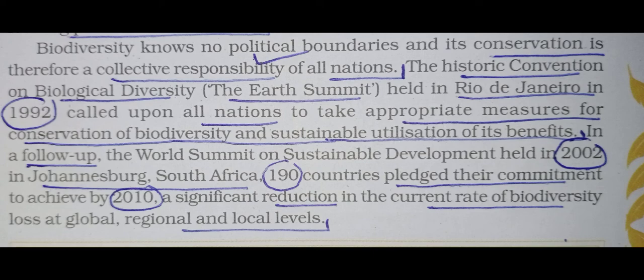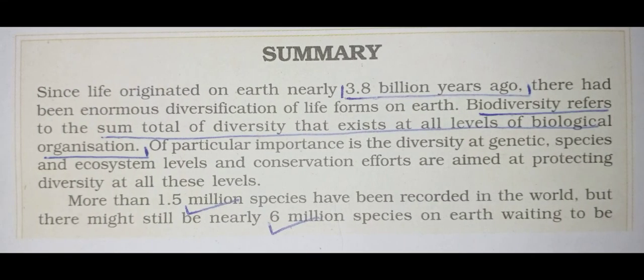So this question of ex situ conservation is completed here, and now you will read the summary of this chapter. See, some important points are underlined in the summary, and the important thing is that these are all one type of MCQ. Okay, now see, 3.8 billion years ago, MCQ. Then biodiversity refers to the sum total of diversity that exists at all levels of biological organization. It is also one type of definition.